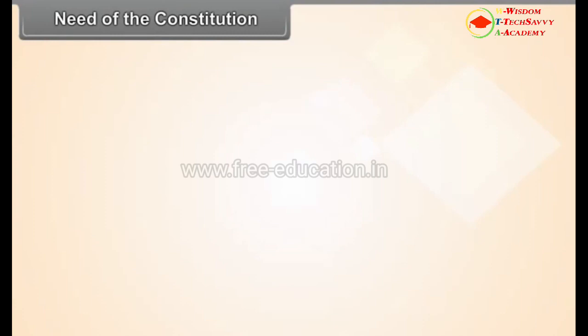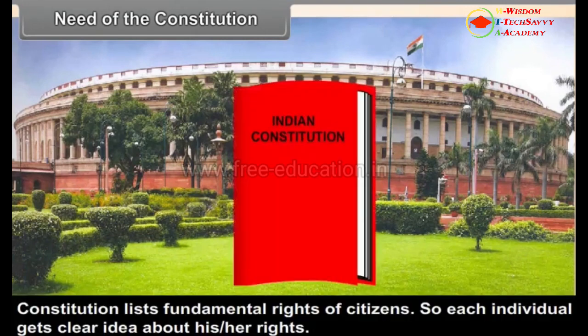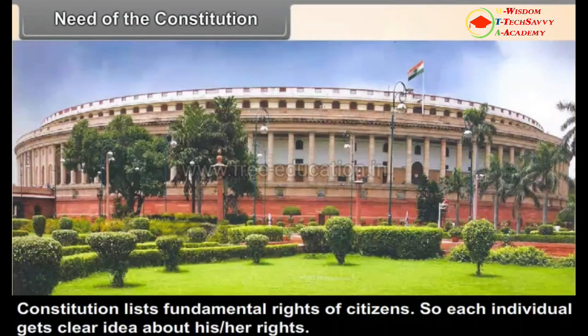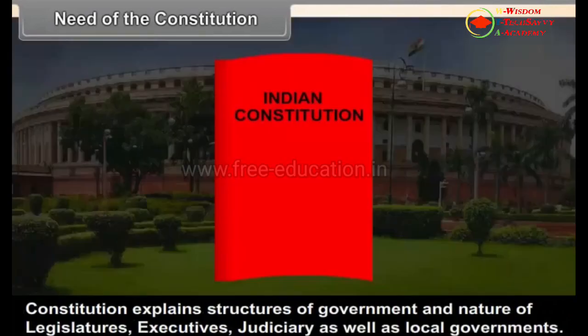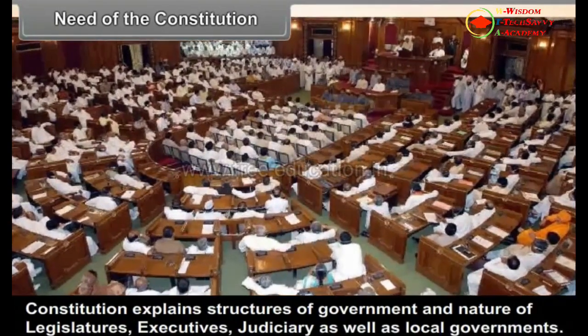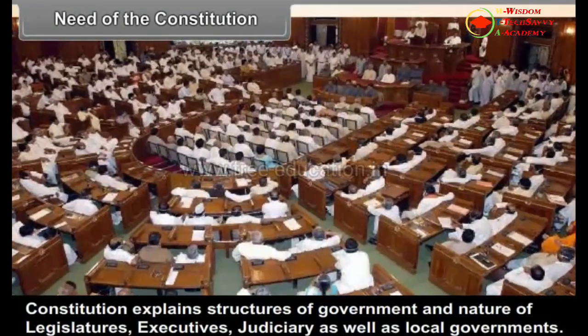B. Need of the Constitution. Constitution lists fundamental rights of citizens. So, each individual gets a clear idea about his or her rights. Constitution explains the structures of government and the nature of legislatures, executives, judiciary as well as local governments.